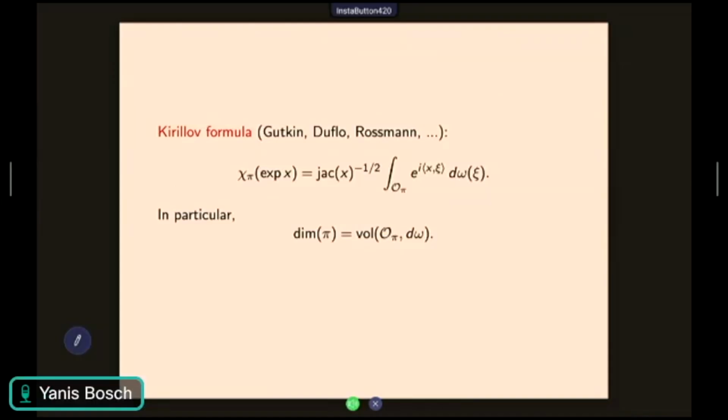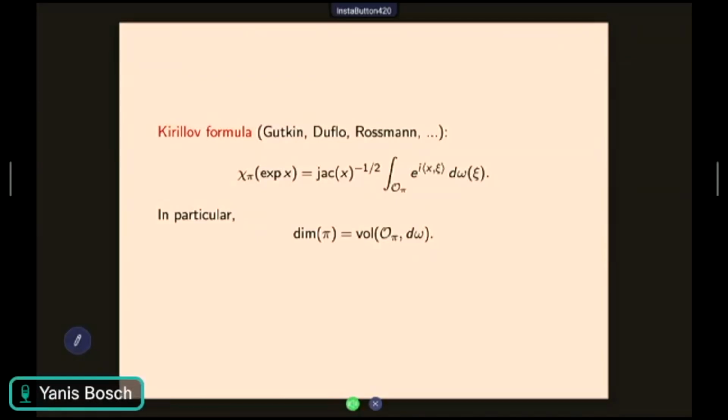Just to give a simple example of what this formula specializes to, if you evaluate at the identity, then the character gives the trace of the identity map, which is the dimension, and this Fourier integral collapses to just the volume of the coadjoint orbit. So there's some identity between dimensions and volumes that we'll come back to in a bit.